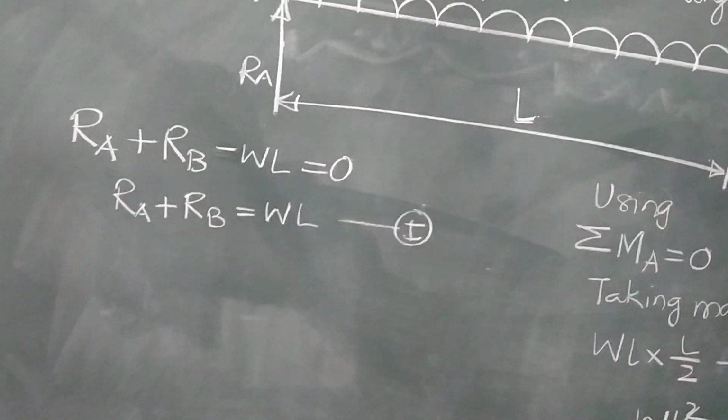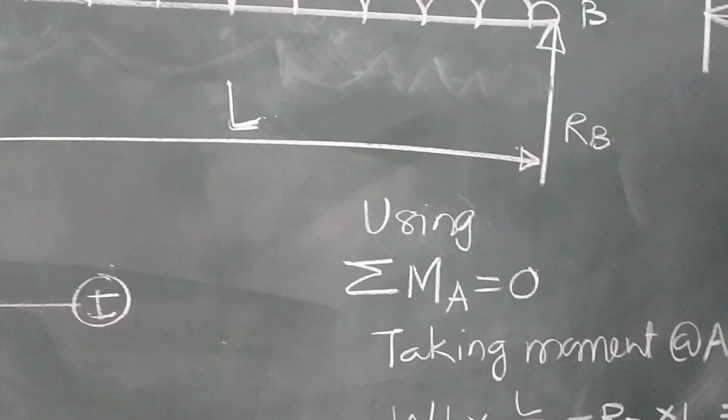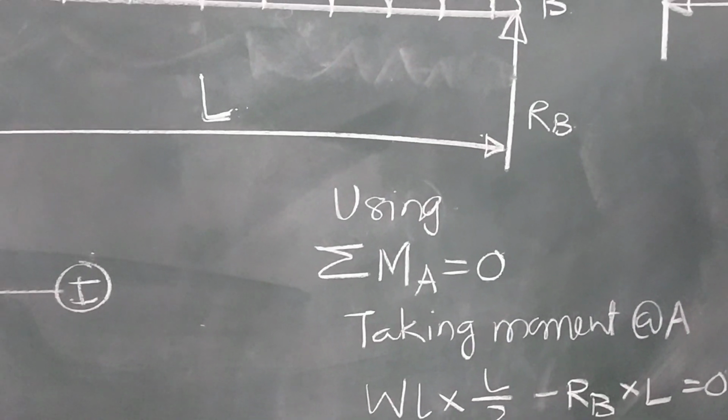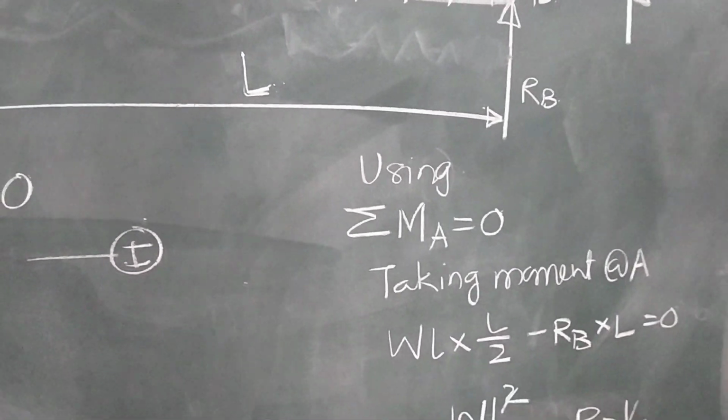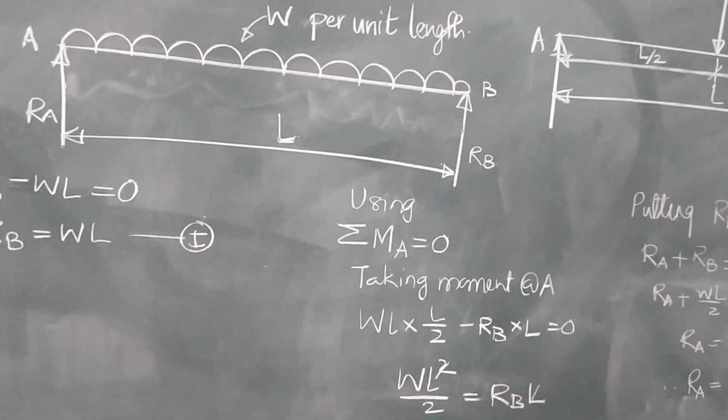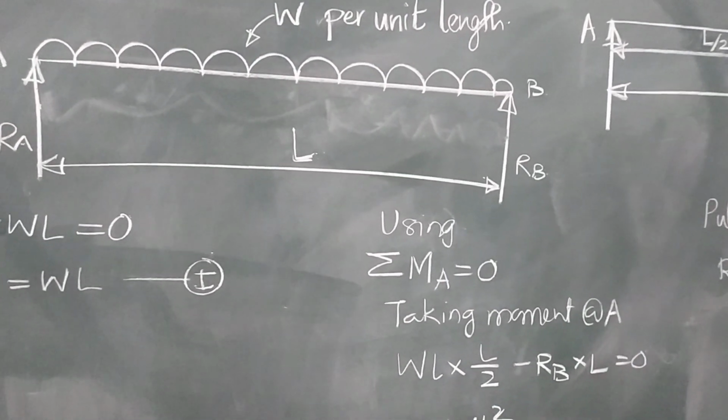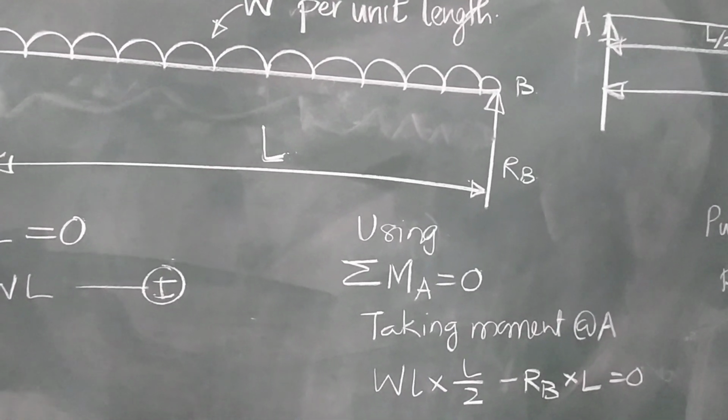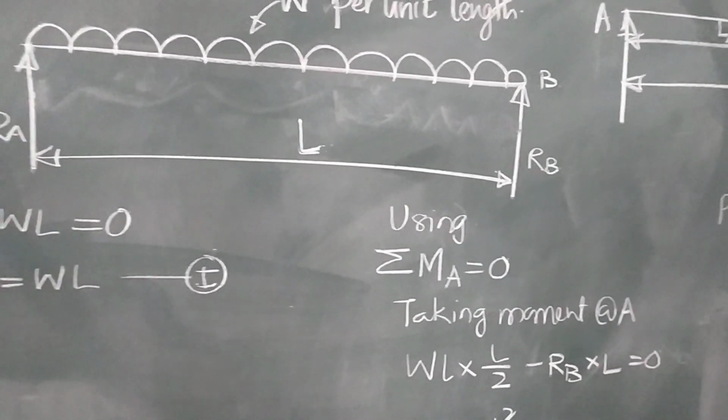Now, we have three conditions for equilibrium: summation Fx equal to 0, summation Fy equal to 0 and summation moment equal to 0.